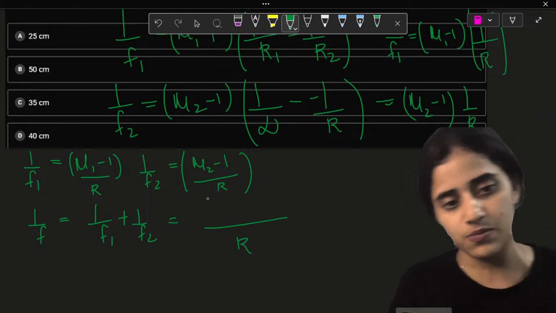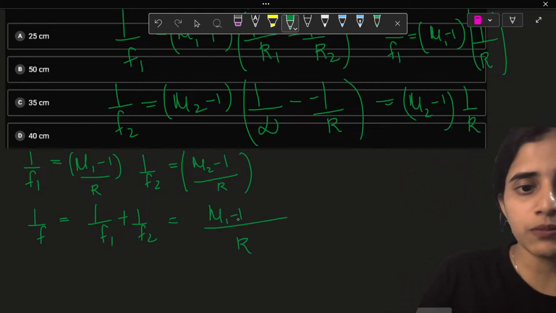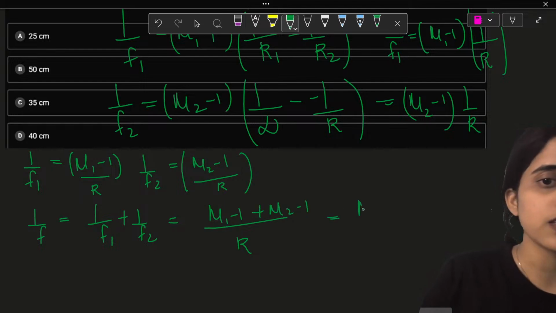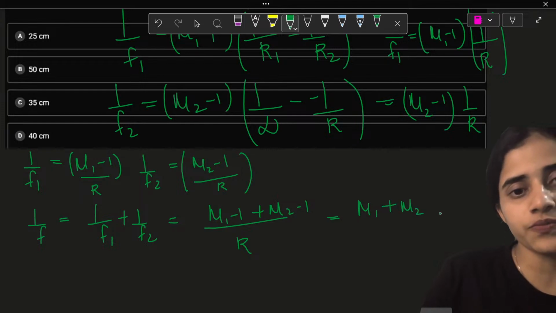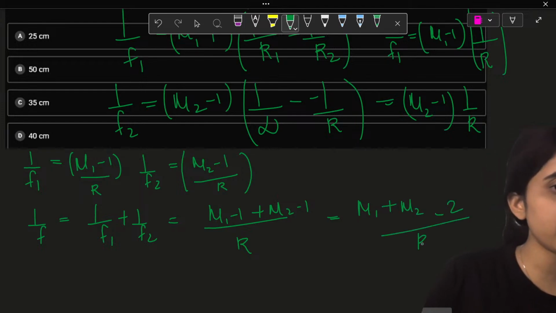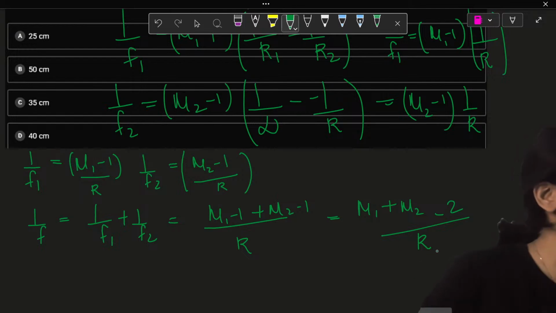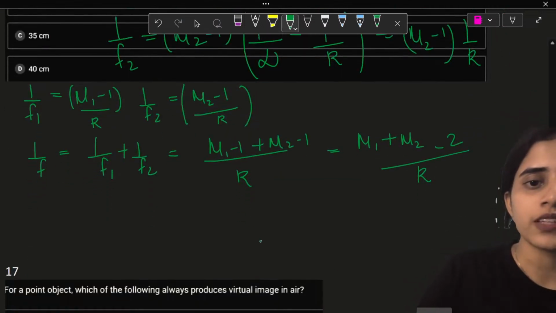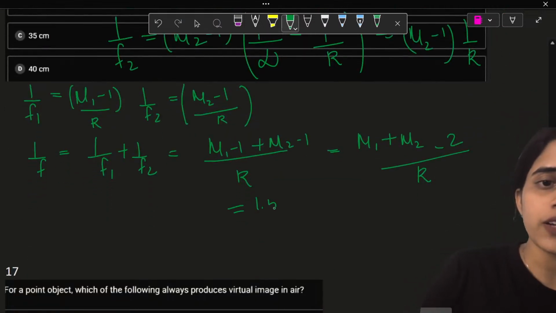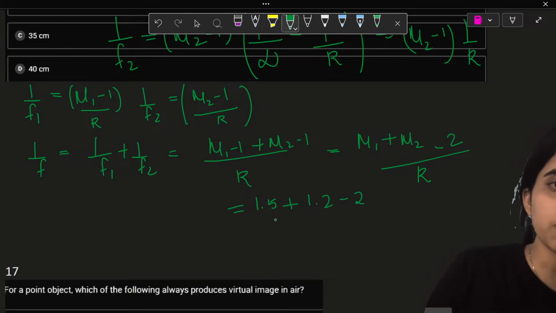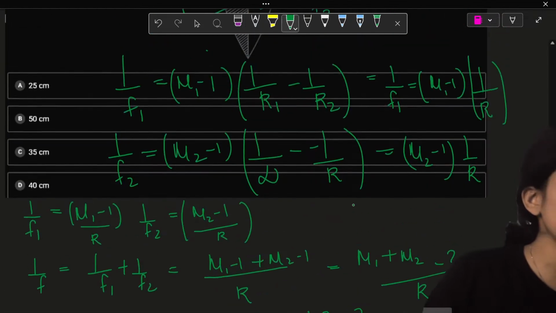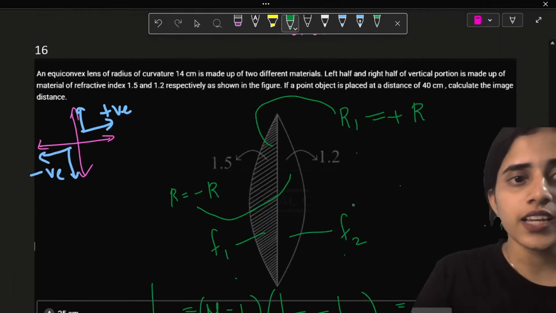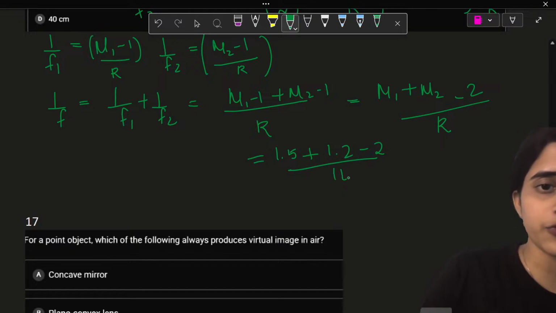I'm also skipping a step to give you guys company. (Nu1 minus 1) plus (nu2 minus 1), which is (mu1 plus nu2 minus 2) by R. The nu1 and nu2 values are given: the refractive indices are 1.5 and 1.2. So this is going to be (1.5 plus 1.2 minus 2) by R. The radius of curvature is given as 14.